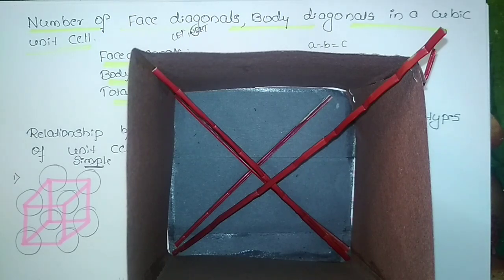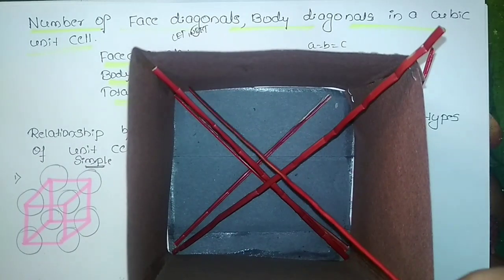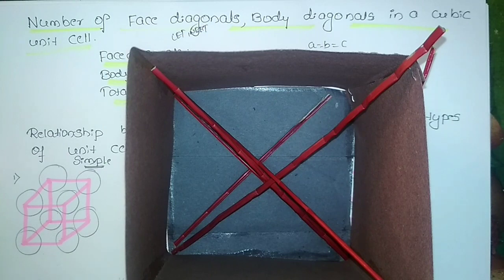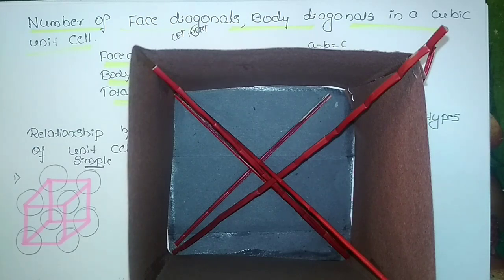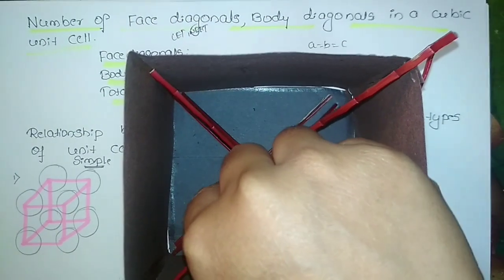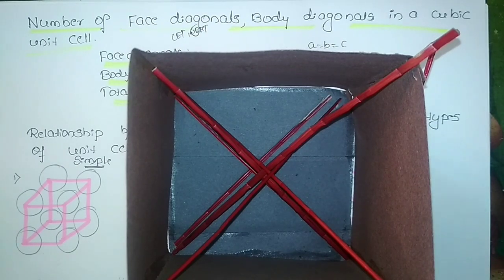Again, from this corner to this corner, this is the third body diagonal. Similarly, from this corner to this corner, one more diagonal appears. So totally 4 body diagonals will appear.